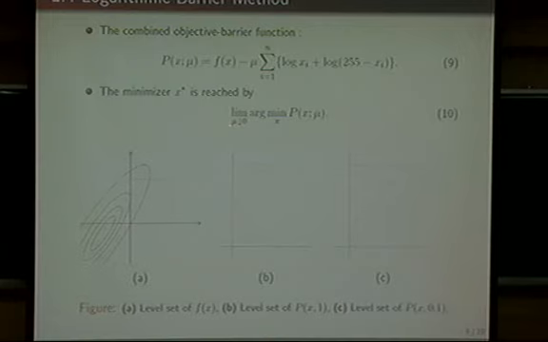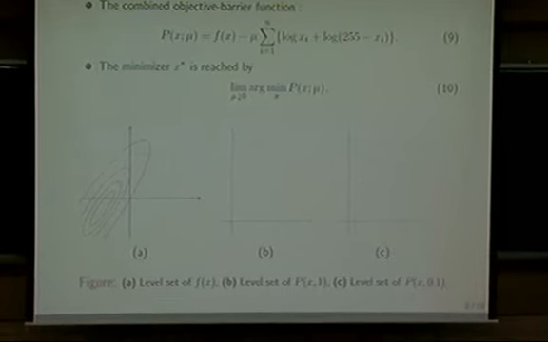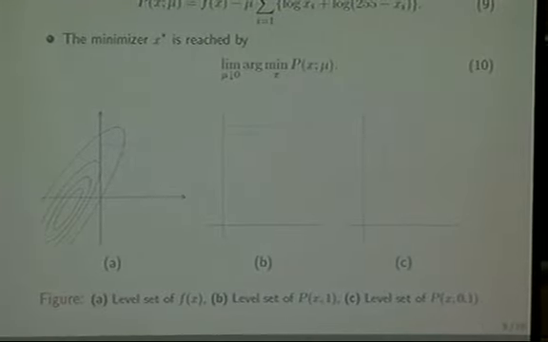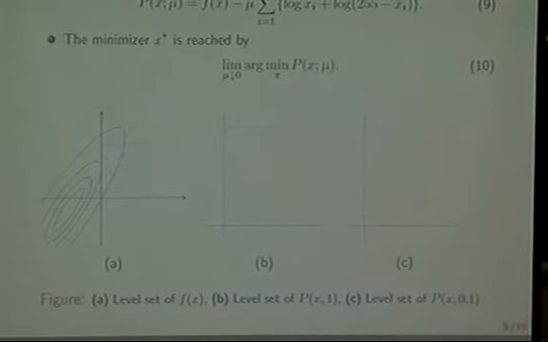This is our two-dimensional example. For mu equal to 1, this function becomes like this. These are level sets. This is the minimum, and as mu approaches 0, the minimum moves to here. On the boundary, the function becomes steeper and steeper. So if mu is very small, the minimum approaches these boundaries.